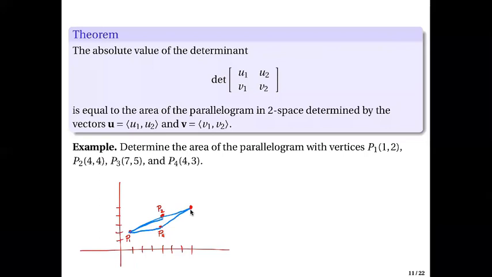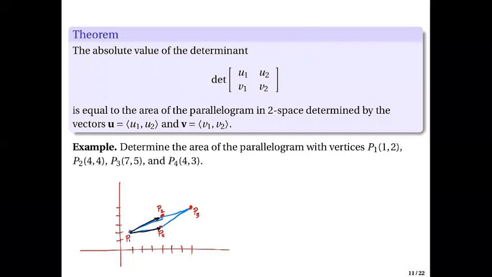That's your P3. So we can consider this vector here and this vector here to be our U and V.